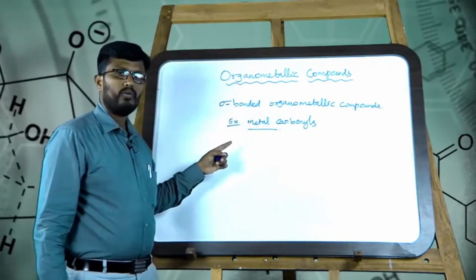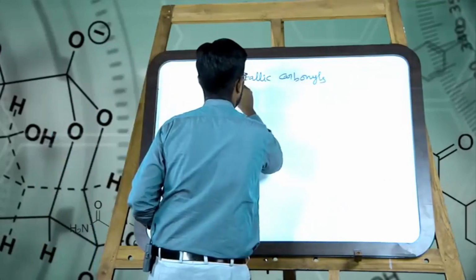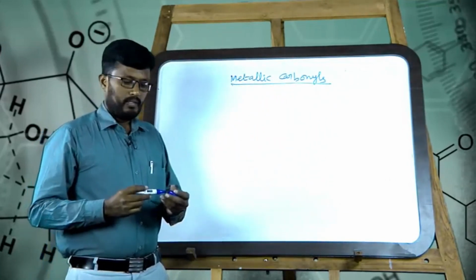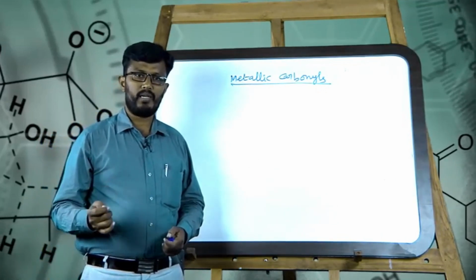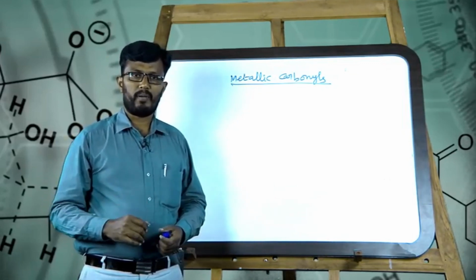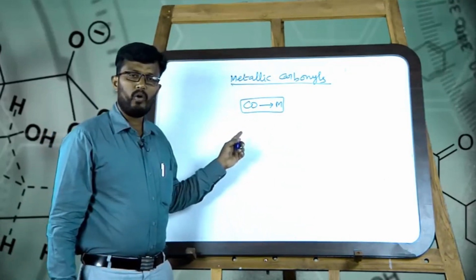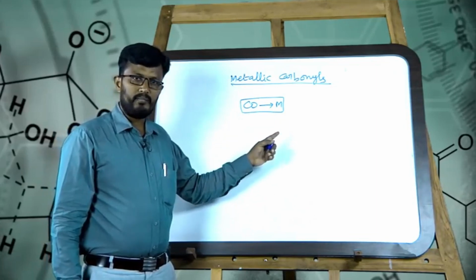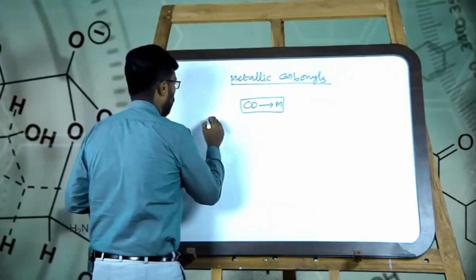Now we want to know the elaborate part of metal carbonyls. In metal carbonyls, the carbon can donate its pair of electrons to the metal atom, forming a coordinate bond. The compounds formed by the combination of carbonyl molecules with a metal atom are known as metal carbonyls.